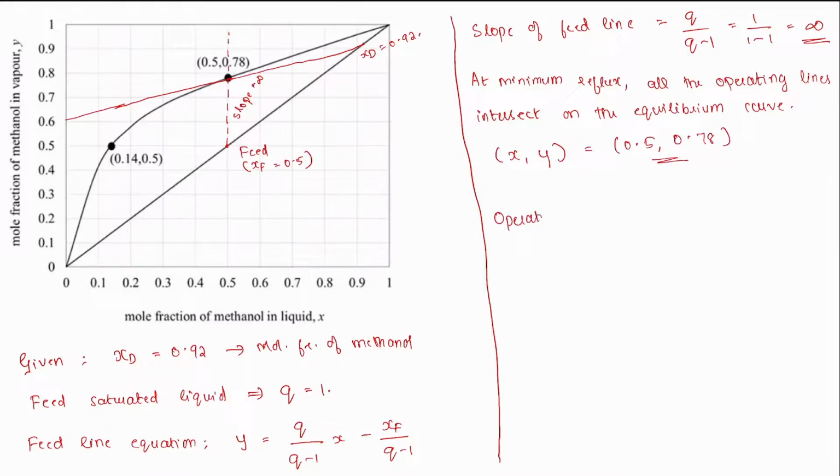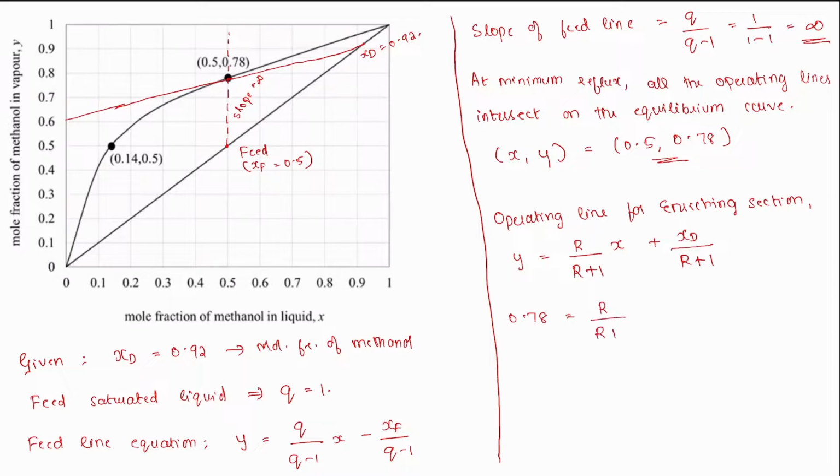Now, if we write the operating line equation for the enriching section, we can write it as y is equal to R by R plus 1 into x plus xD by R plus 1. Now, we just have to substitute these values.